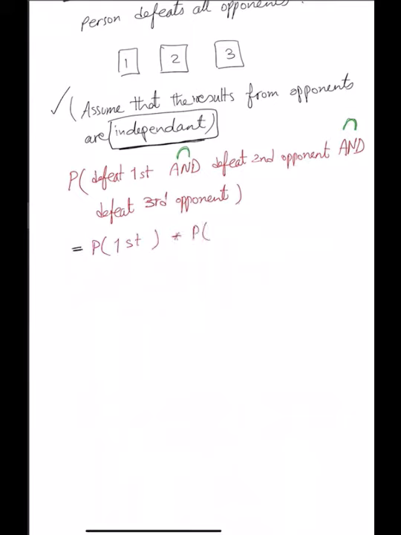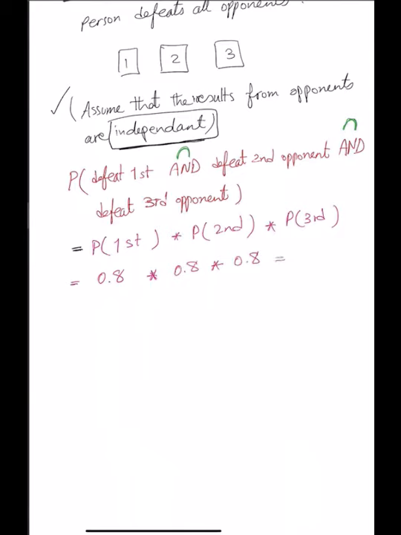Exactly. What is the probability that the first one is defeated? 80%, 0.8. Second one is defeated? 80%. And the same for the third one.